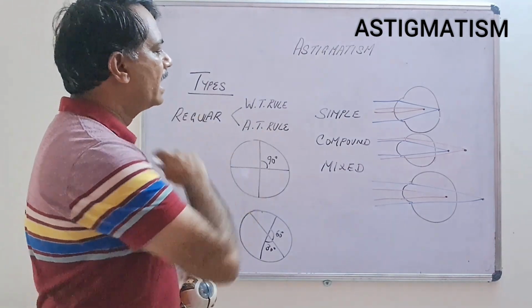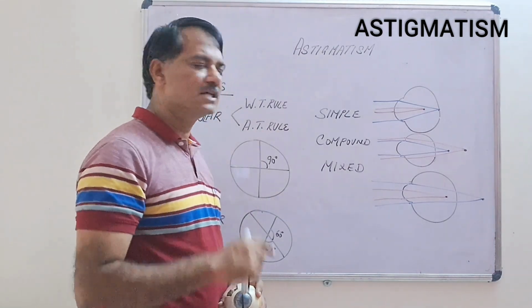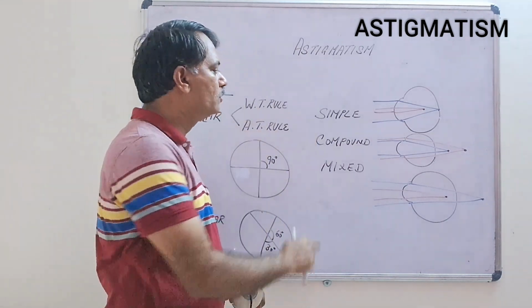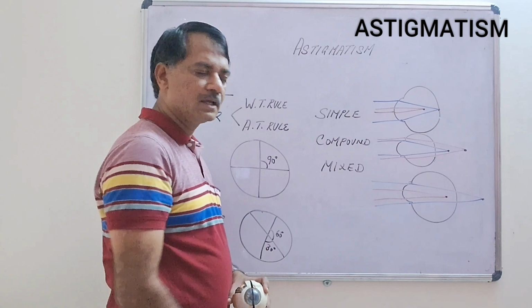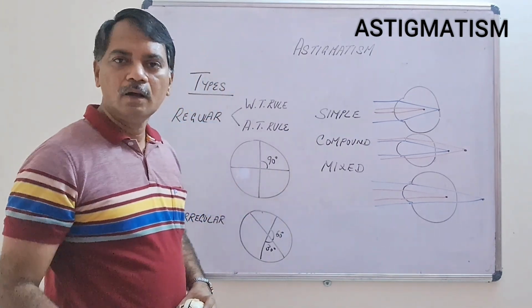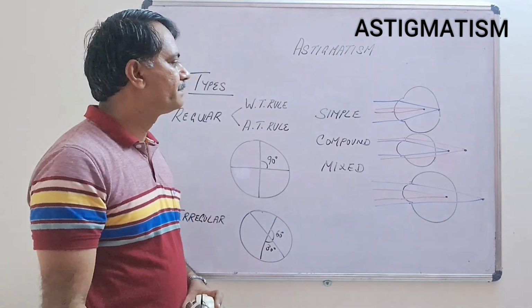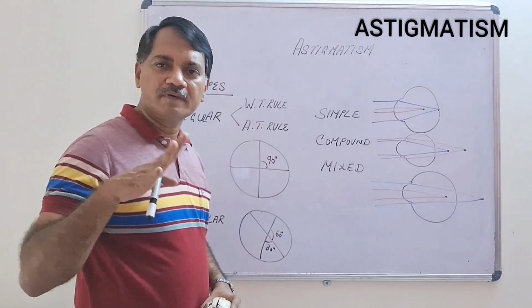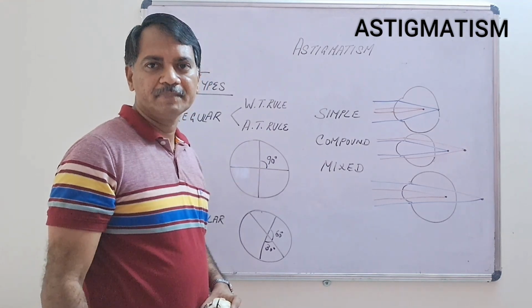Coming to the other classification of astigmatism, we classify astigmatism into simple astigmatism, compound astigmatism and mixed astigmatism. What is simple astigmatism? We have a lot of light rays coming into the eye.